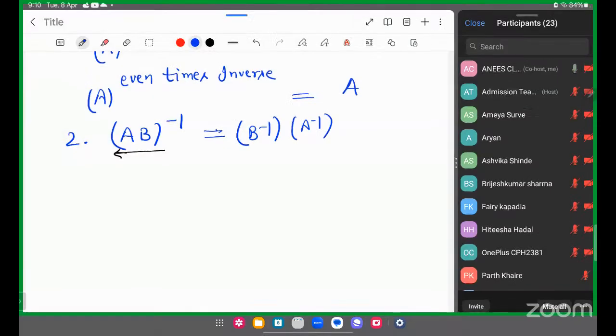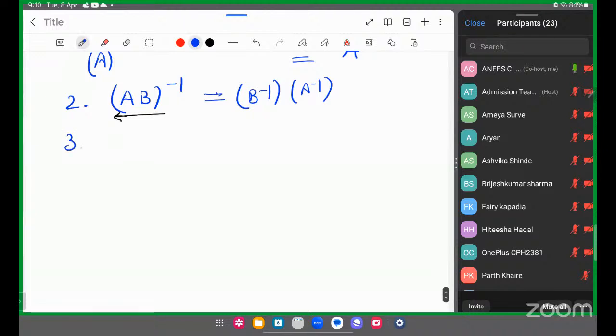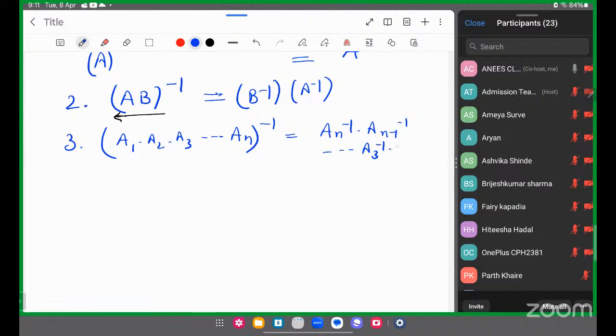Third property is if we are taking A1 multiply A2 multiply A3 up to AN matrices and taking inverse of them, so this will be AN inverse into AN minus 1 inverse up to A3 inverse, A2 inverse and A1 inverse according to property number 2.